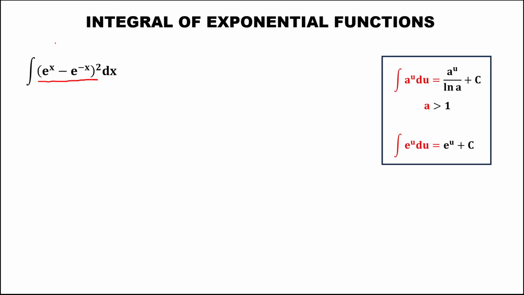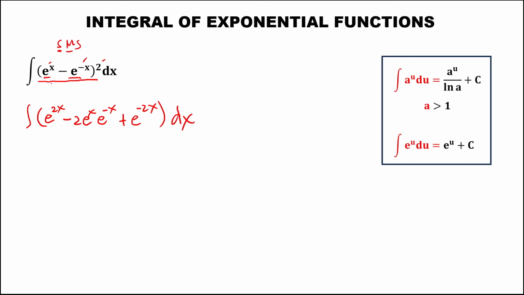Using the shortcut method, or you can use the FOIL method, the SMS: we have the integral of S, the square of the first term, so this is e to the power 2x, then M, we need to multiply these three numbers, so this is 2 times negative e to the power negative x times e to the power x, so this is negative 2 e to the power x and e to the power negative x, then plus the square of the last term, so this is e to the power negative 2x, then the dx.